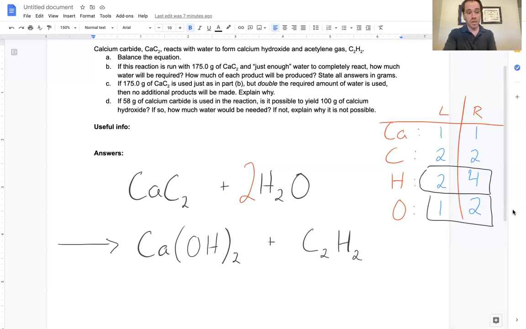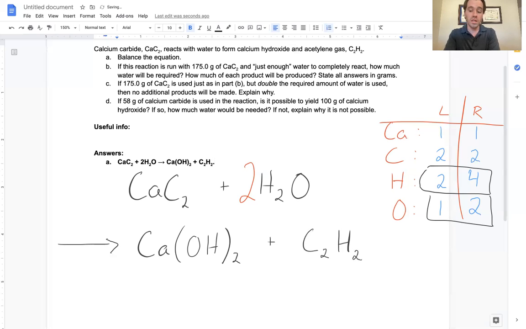So that I can have space to write, I'm going to put this in. I'll put CaC2 plus 2 H2O yields Ca(OH)2 plus C2H2.